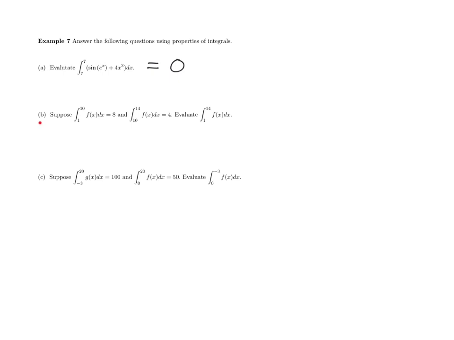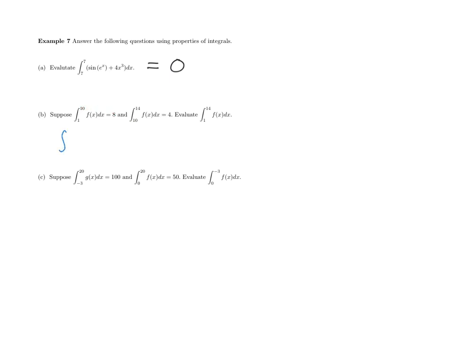Let's see, in part B, given this information here, can we evaluate the integral from 1 to 14 of some function f of x? Here we're told if we start at 1 and go to 10, we get an area of 8. And if we pick up at 10 and go to 14, then we get 4 more. If we look at the integrals, this upper bound matches with this lower bound.